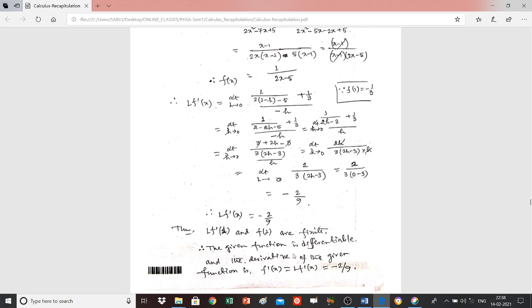So in this case you can check the value of the right hand derivative. If you calculate, you will be able to find that the right hand derivative will also be this, and so the given function is differentiable, and the value of the derivative is the left hand derivative, that is minus 2 by 9.